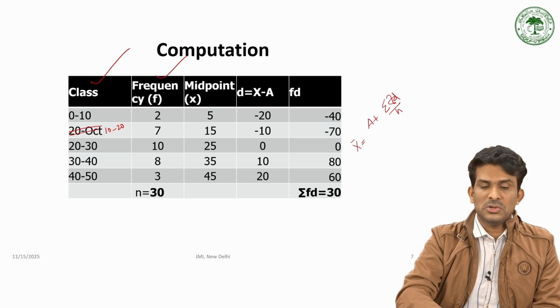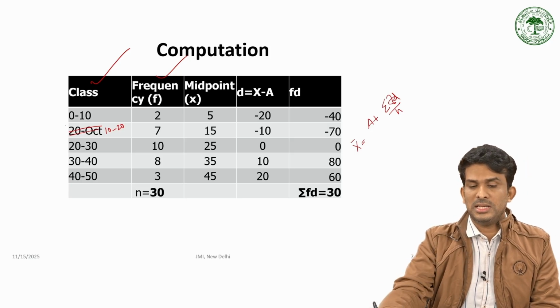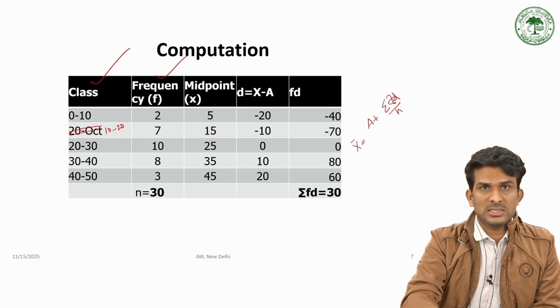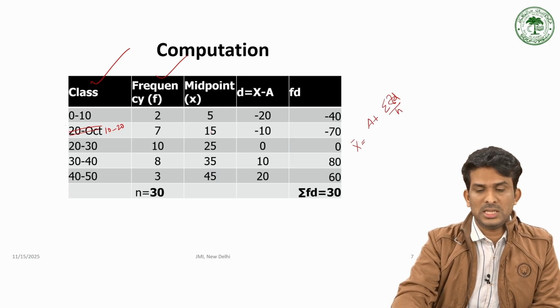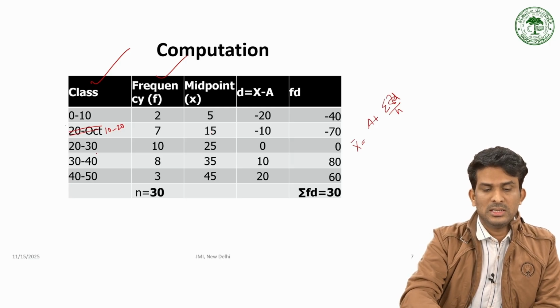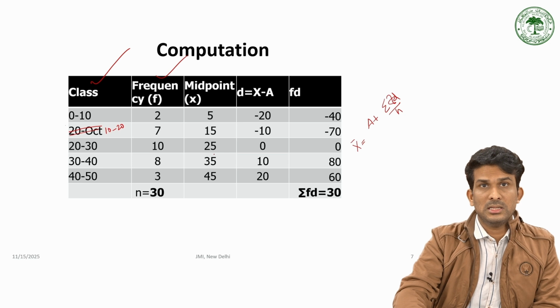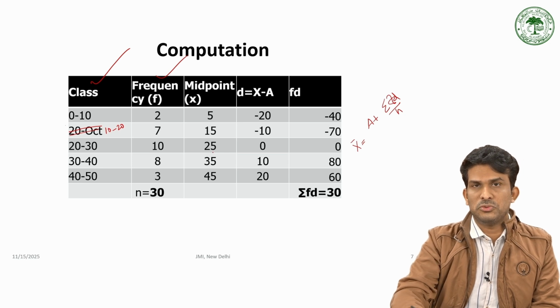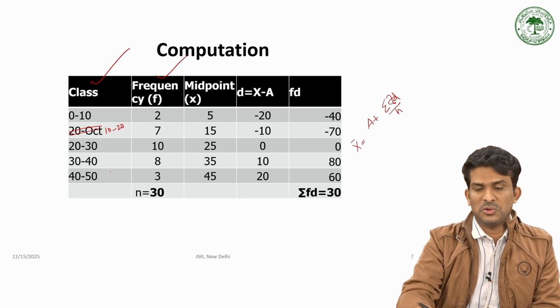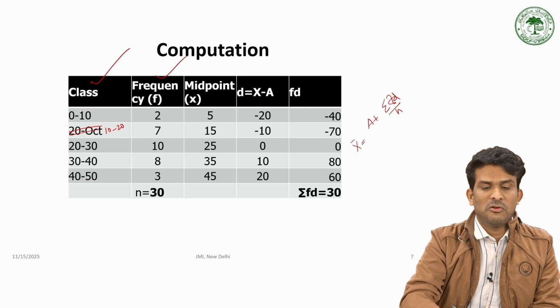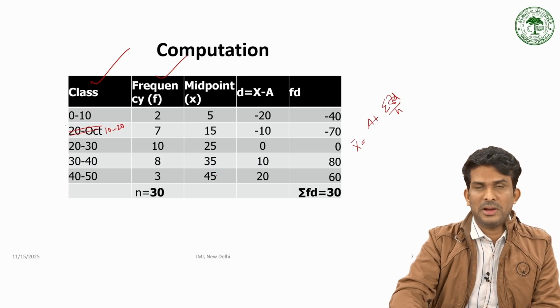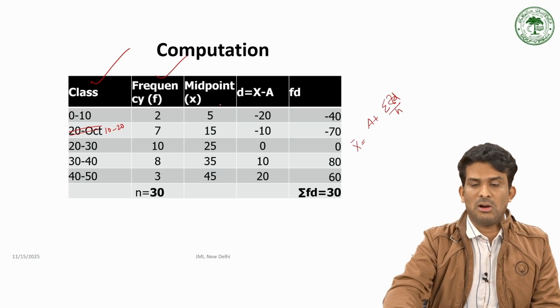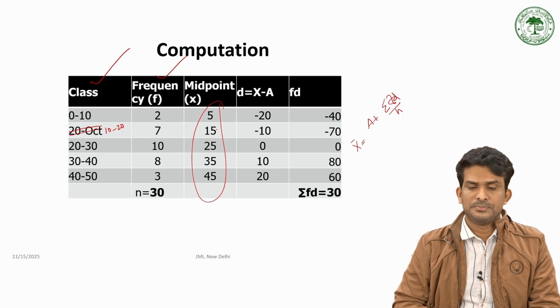So 10 to 20, midpoint is 10 plus 20 by 2, 15, right? 20 to 30, again 20 plus 30 by 2, 25. 30 to 40, 35. 40 to 50, 90 by 2, 45. We got all the midpoints here.